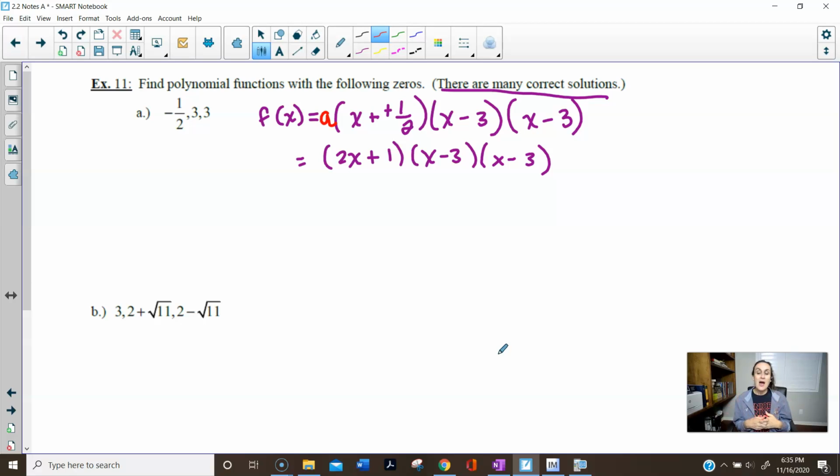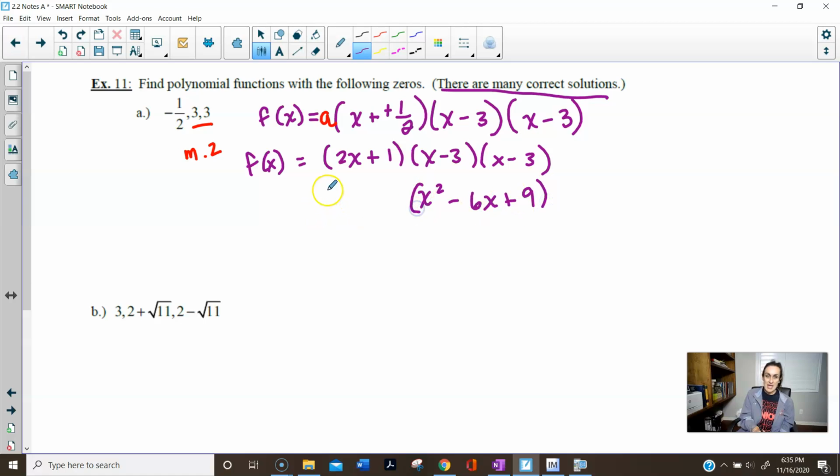Now that one, I'm getting a bounce because getting 3 twice is a multiplicity of 2, which means there's going to be a bounce in the graph. All right. So I will go ahead and just multiply this all out. I could do this part first. So I get x squared subtract 6x plus 9 and 2x plus 1.